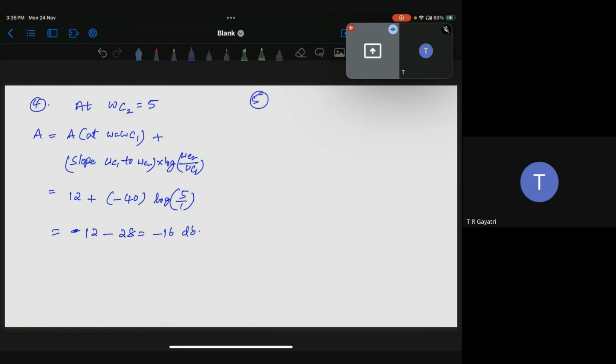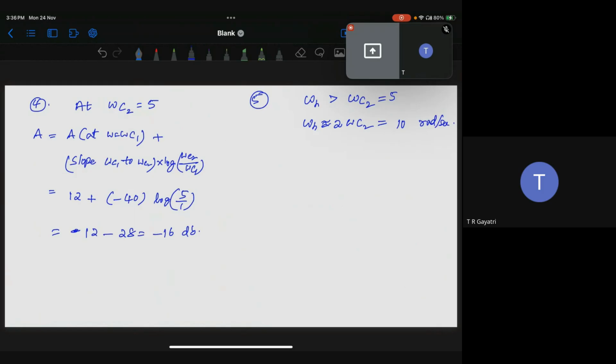Next, fifth one is you choose some highest frequency omega H, which is greater than omega C2. Generally what we do is we take 2 times omega C2, and omega C2 is already 5, so this will be 2 times 5 is 10.